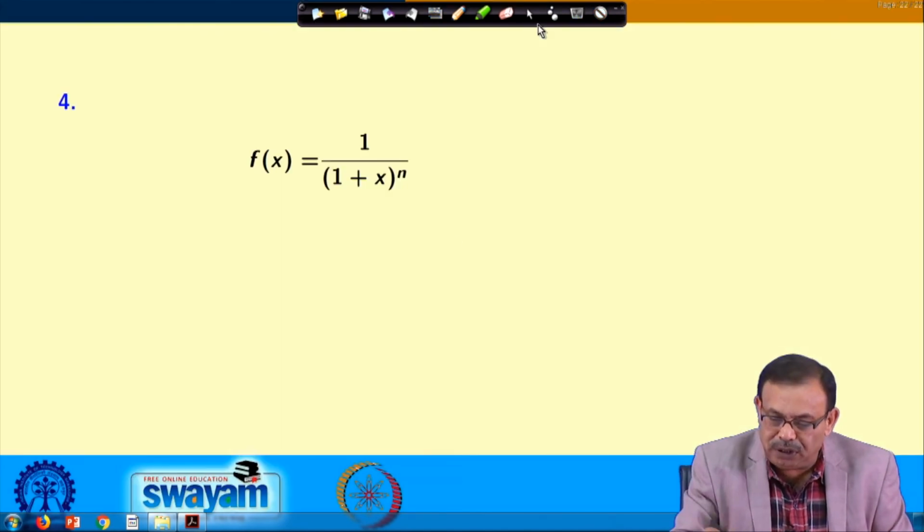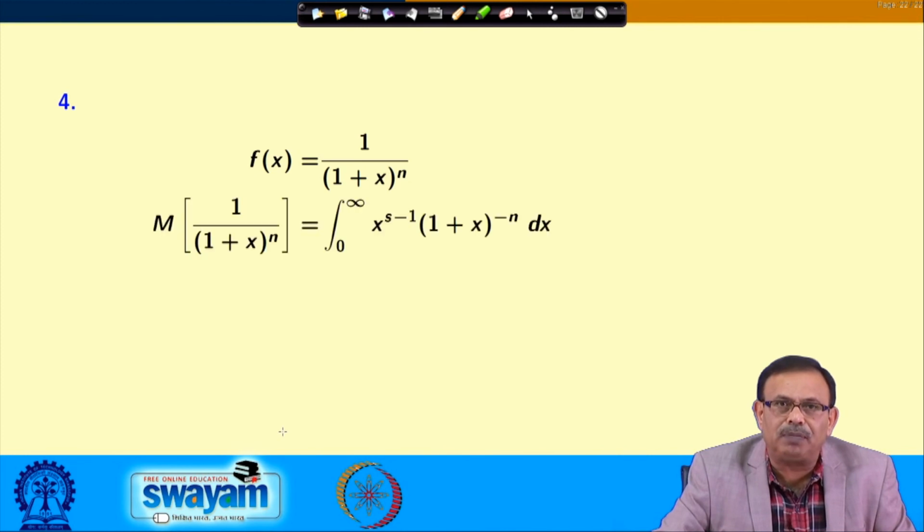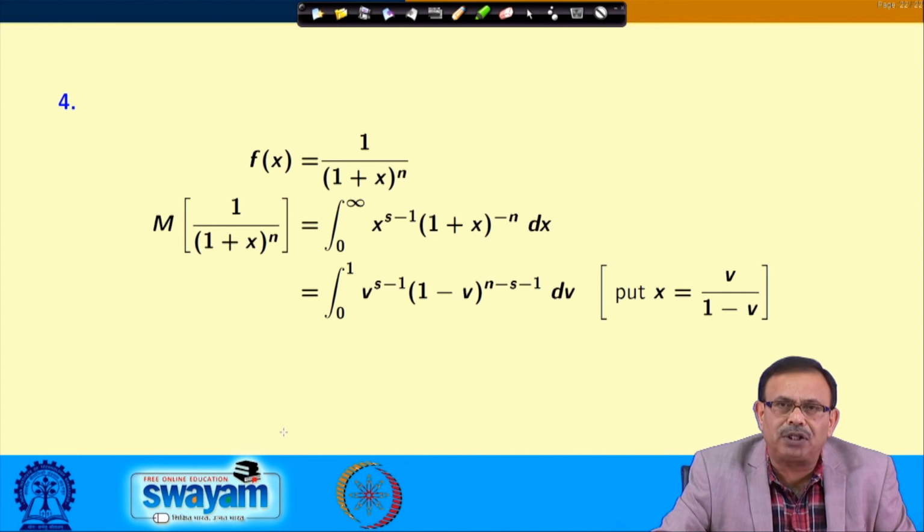So, if I see here, your f x is 1 by 1 plus x whole to the power n. So, the Mellin transform of 1 by 1 plus x whole to the power n, you can write as the integral 0 to infinity x to the power s minus 1, 1 plus x whole to the power minus n dx. Let us put x equals v by 1 minus v, as I have shown in the working.